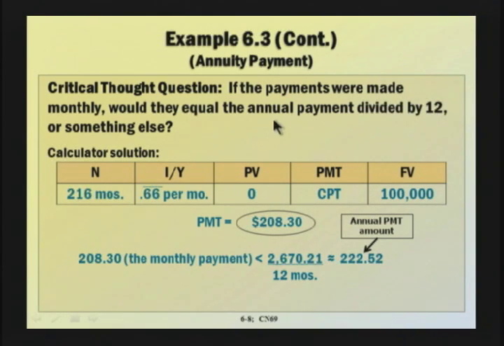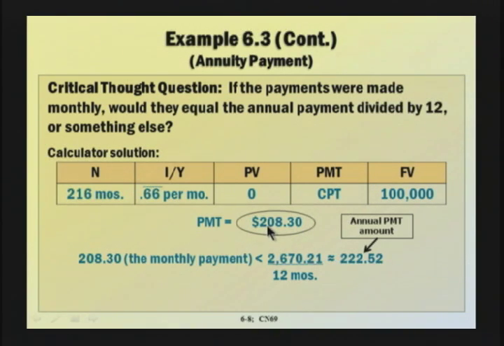So for an annual annuity, there's nothing in that account until the end of a full year. If I make the payments on a monthly basis, 1 month after the child is born, I put $208.30 in there. It earns interest for 11 months before I would have ever made the first annual deposit. After 2 months, I put another deposit in there.